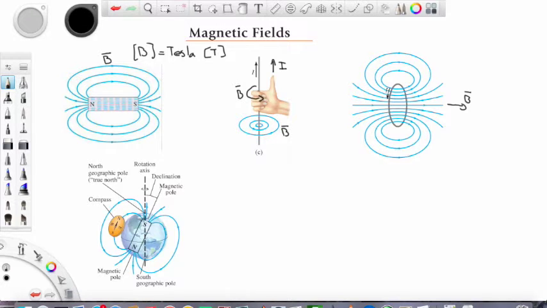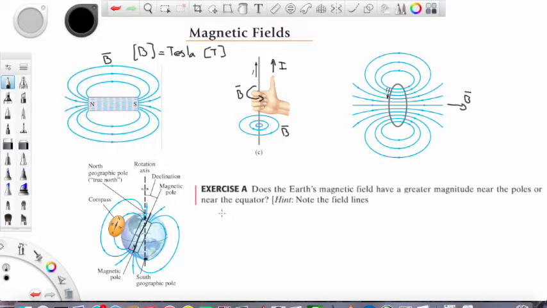As you can see, the actual north and south poles of Earth are a little bit off from the direction of the magnetic dipole, which is at some angle, as you can see.